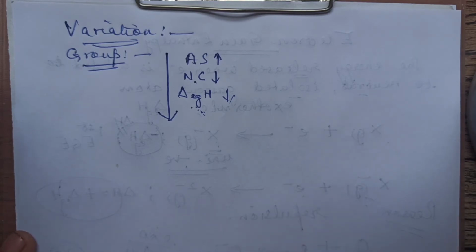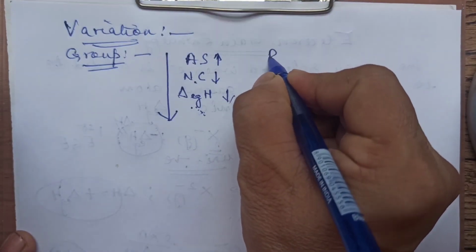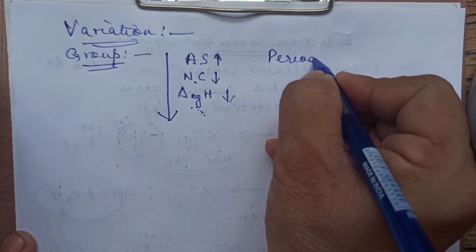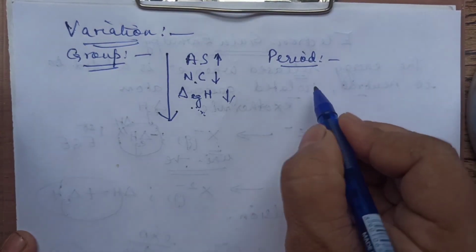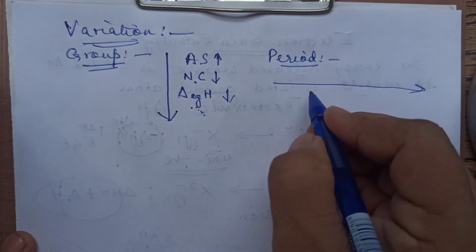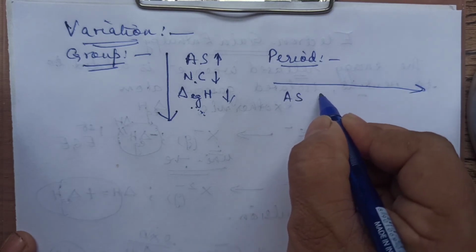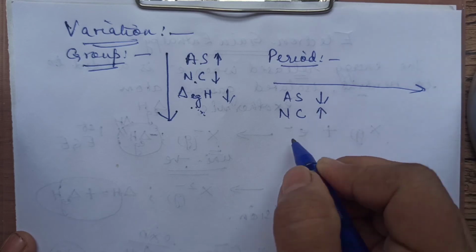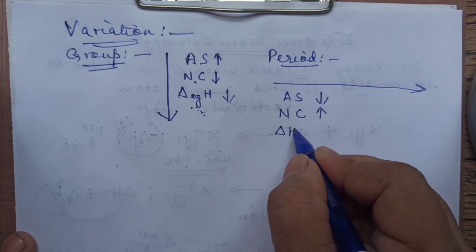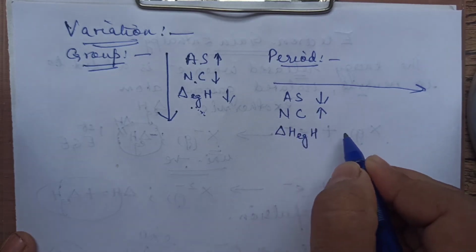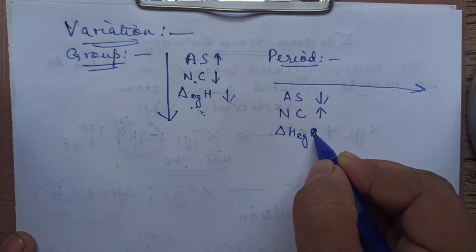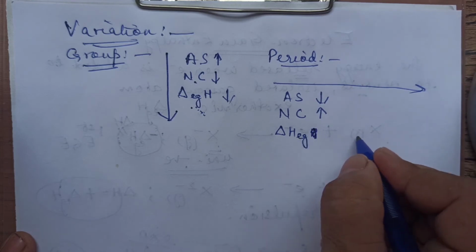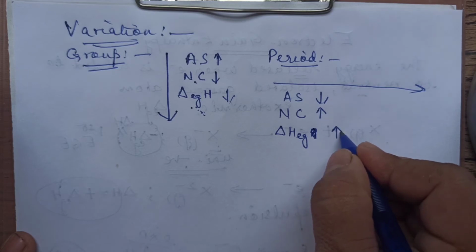Now, let us see what about the period. This is the general aspect, children, we are taking. Across the period means this way. What is happening to the atomic size? It is decreasing. Nuclear charge is increasing. So the electron gain enthalpy across the period is increasing.